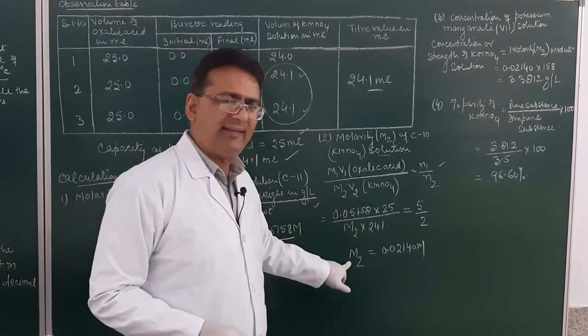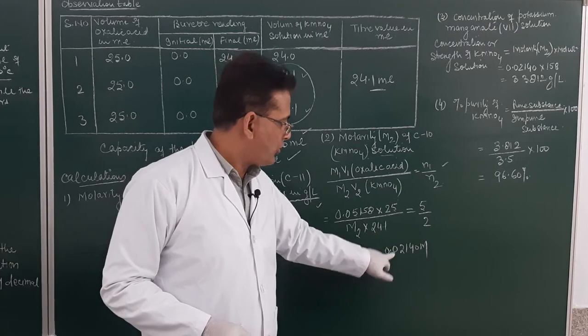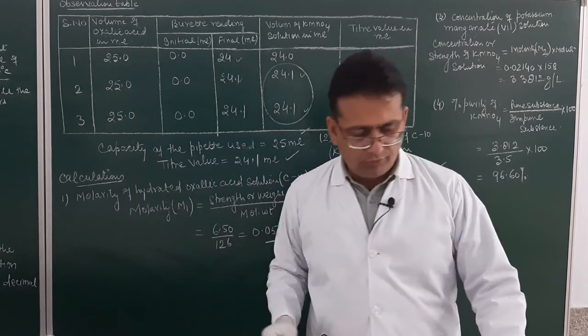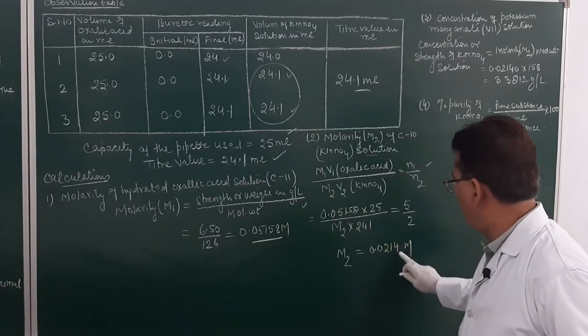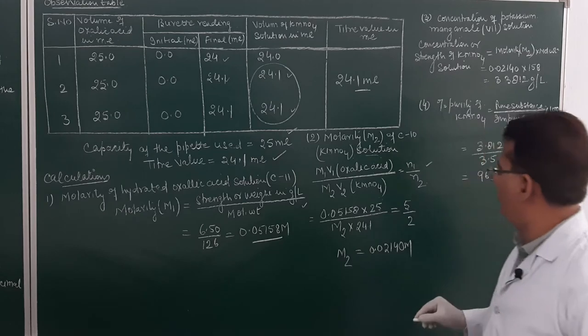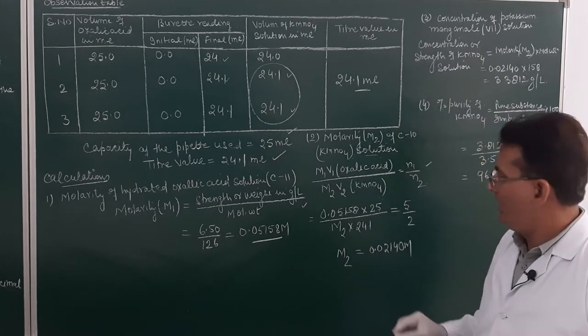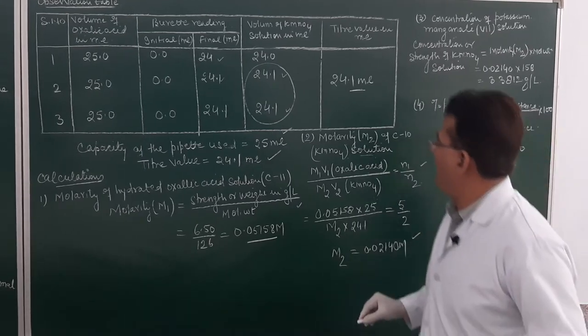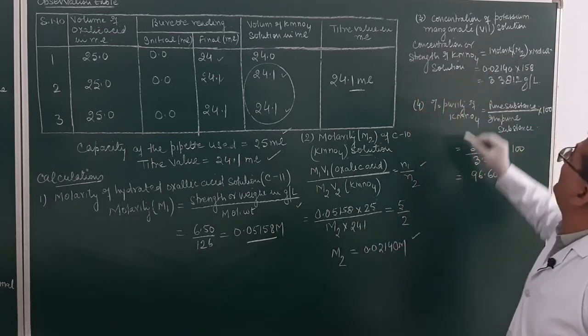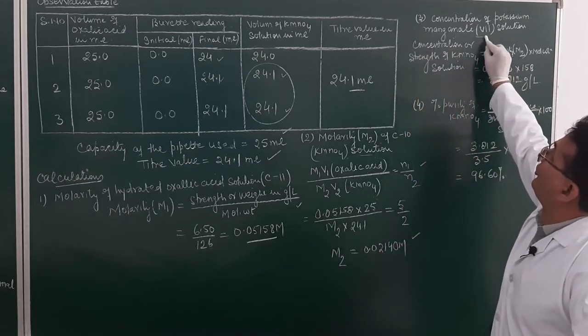So, if we solve this, M2 will come out to be equal to 0.02140 molar. This is how we find out the molarity of a KMnO4 solution. Then the concentration of a KMnO4 solution.